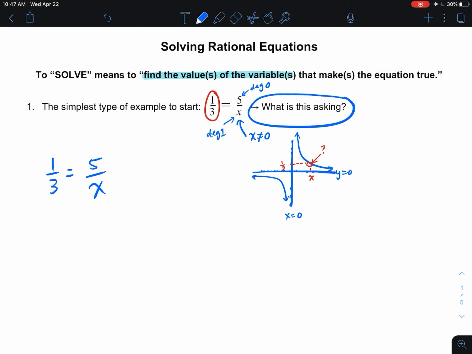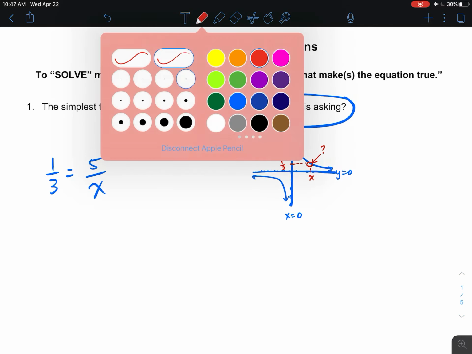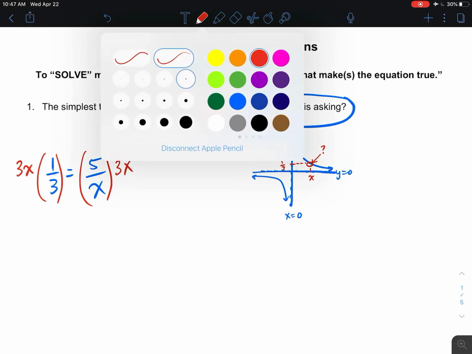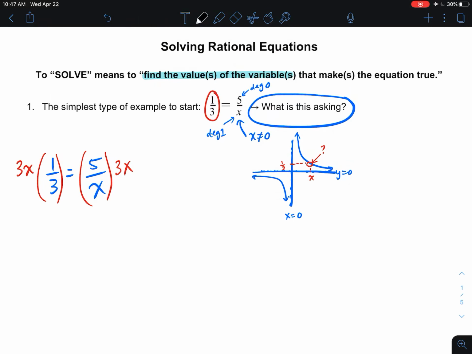In this case, the lowest common denominator would be anything that goes evenly into 3 and x, so that obviously has to be 3x. If we multiply by 3x on this side and we multiply by 3x on this side, we're allowed to do that because we're treating both sides of the equation equally.